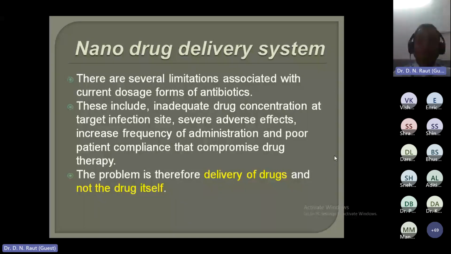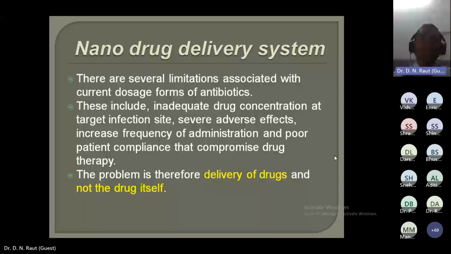The issue of this problem is the delivery of the drugs, not the drug itself. The drug is very active. Actually, we have a lot of potent drugs, and herbal drugs are also available in the market. But the delivery of the drug is not specific. So we couldn't get that type of action, or we couldn't reduce the toxicity of that drug.